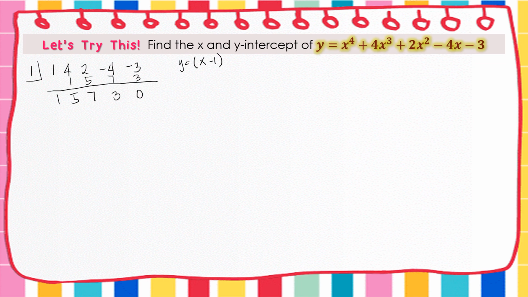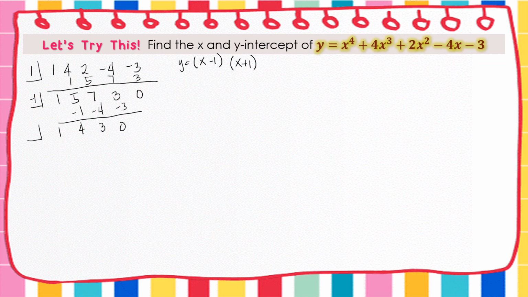Kapag sanay na kayong mag-synthetic division, ay dire-diretso na yung kamay nyo. Ano? Negative 1. 1, negative 1, 4, negative 4, 3, negative 3, 0. So the second factor, x plus 1.